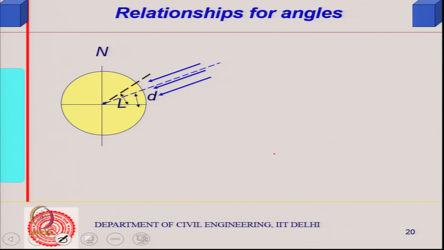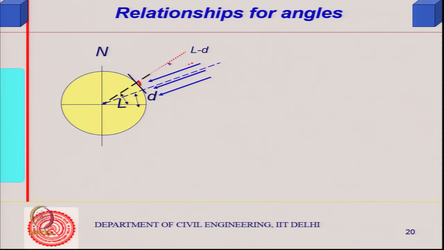And if I am interested in a point somewhere here, this is the latitude angle, because it is also defined from the equatorial diameter. This is my horizontal surface at that particular location.